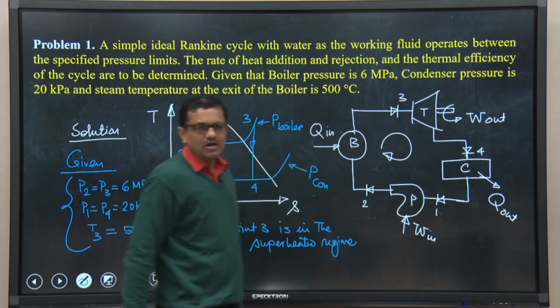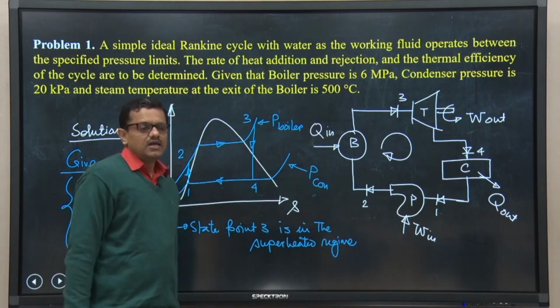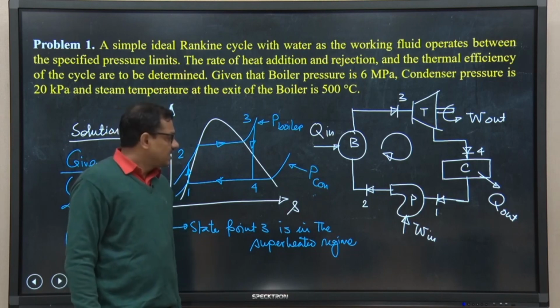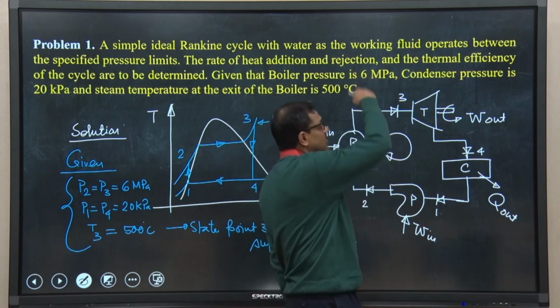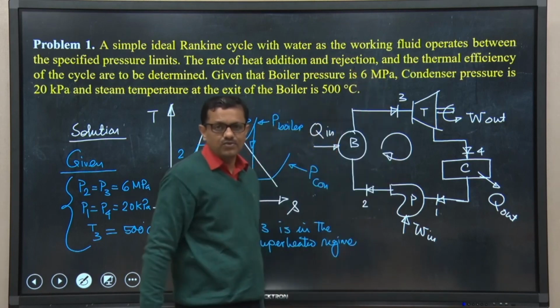Then we can find out the work and heat interaction. Essentially, we need to quantify the efficiency as well as the amount of heat added or rejected to the cycle.